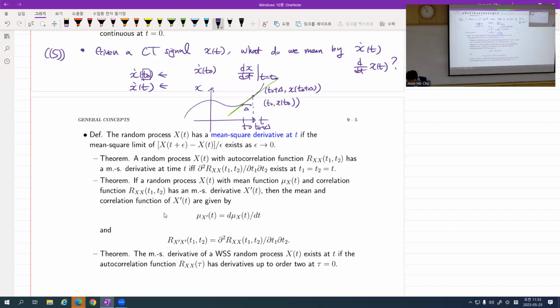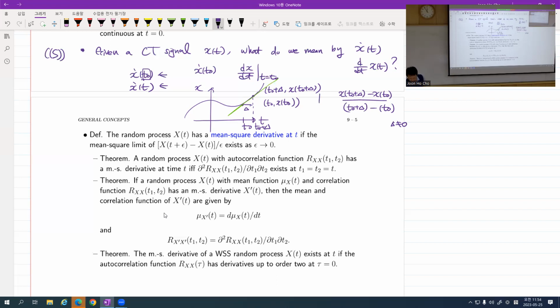Define it as x(t0 + delta) minus x(t0) divided by (t0 + delta) minus t0. Okay, right? And as far as delta is not 0, this is well defined. And also, all the points in the interval, including the end points, are well defined.